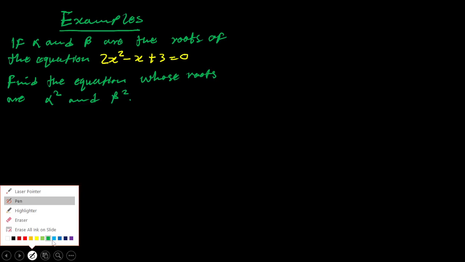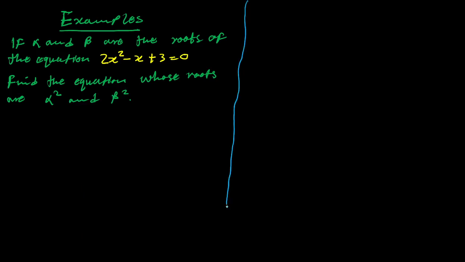Mostly this is how these questions are set, in this particular form. The way I'm going to solve it is how you're supposed to solve it. These questions come in so many ways. Where you have seen alpha squared and beta squared, sometimes it can be 1 over alpha and 1 over beta, sometimes alpha squared and beta squared, sometimes alpha cubed and beta cubed.